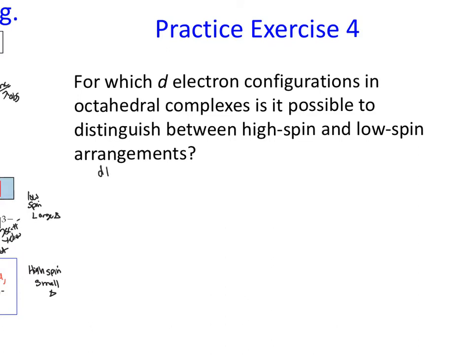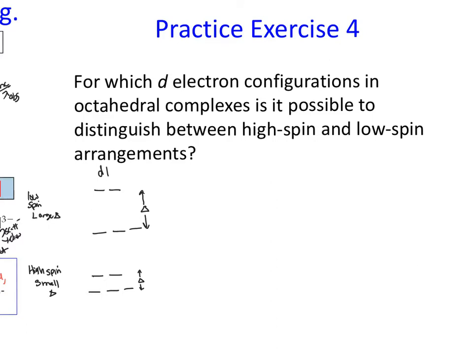So in a D1 configuration, low spin, this is my splitting energy. This is relatively large. High spin, I'll have small delta. I like to put those orbitals very close together to remind myself how to fill them.